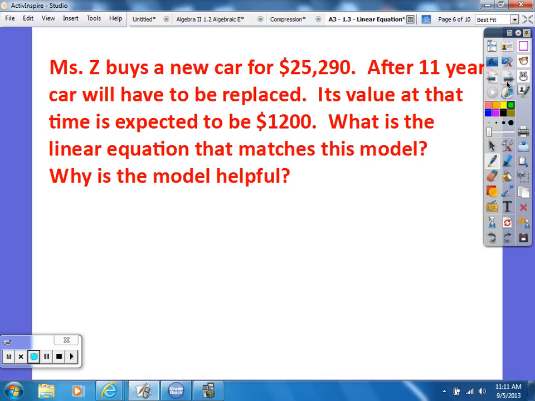Well, if I'm talking this year right now, what x value could I give this year right now? I could, but I'm way lazier than that. I'm going to call this year 0. Does that work for you guys? So at year 0, my car is worth $25,290.